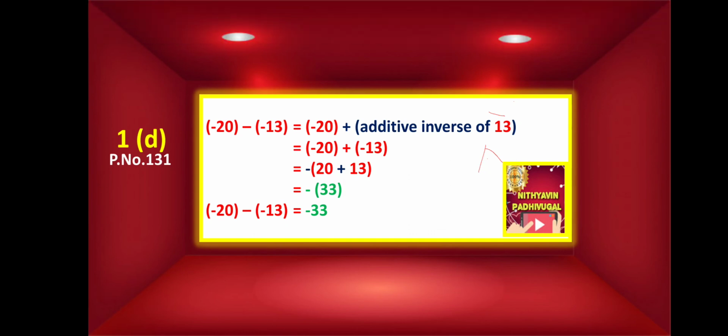Now minus 20 plus 13... Sorry, the sum of two negative integers: add the numerical values first and put the same sign, minus, in front of the expression. So it is equal to minus 20 plus 13, that is 33. So minus 33.